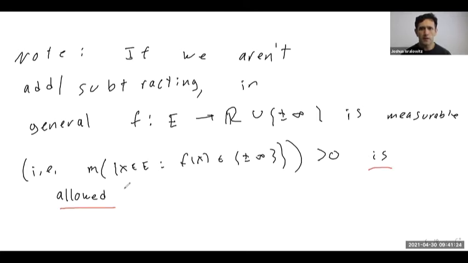Right, that's the point. Unless we're adding and subtracting functions, we're okay with f of x being plus or minus infinity on a really big set. I mean, you could even say f of x equals infinity everywhere.